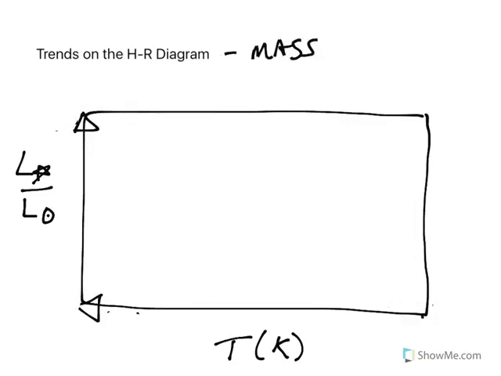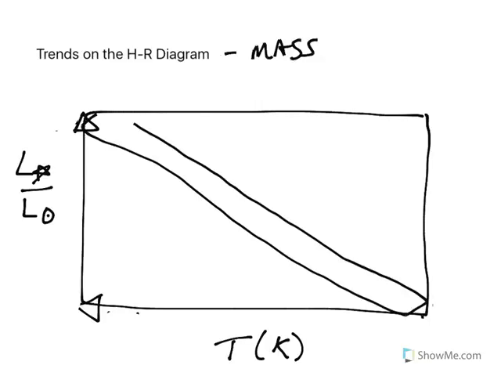Now let's look at the trend in mass. To look at the trend in mass, we need to draw in the main sequence. The main sequence is actually a curve, but I'm just going to draw it as a fairly straight line. It's actually a thickness, like a bar. And we want to know, how does mass vary on the HR diagram? Well, I cannot tell you how mass varies on the HR diagram.